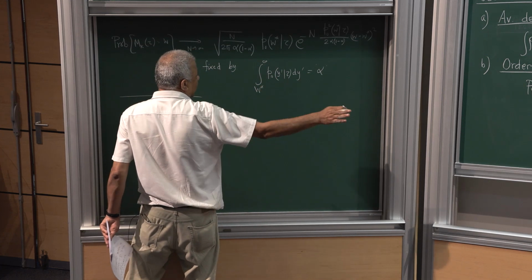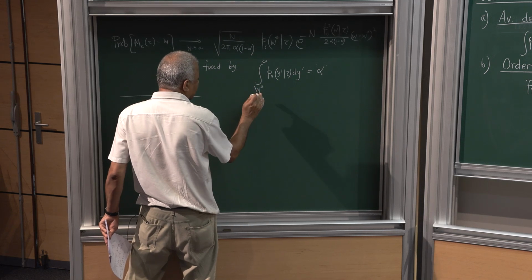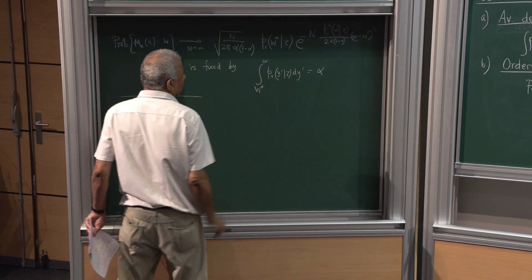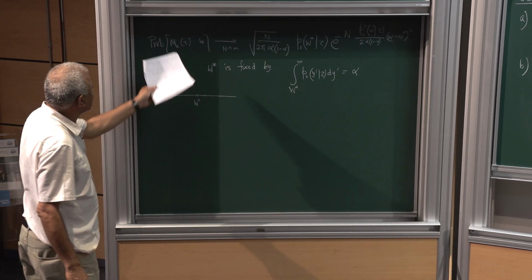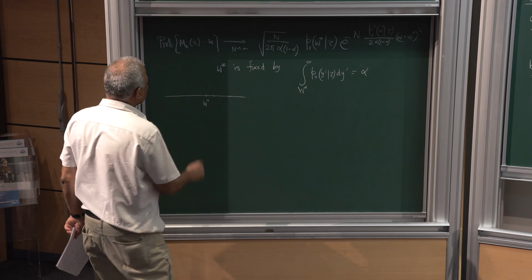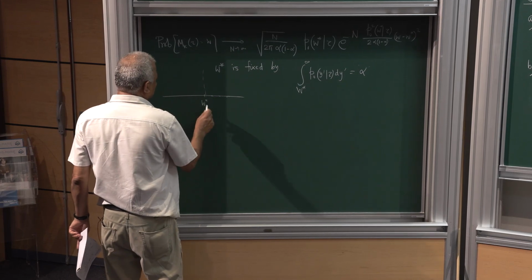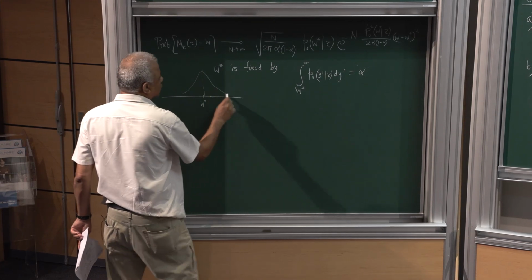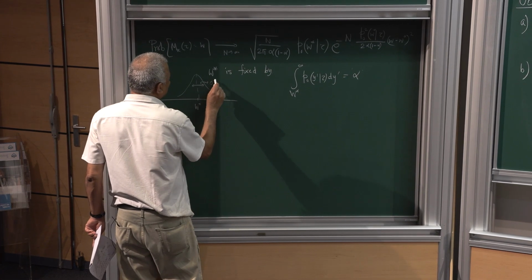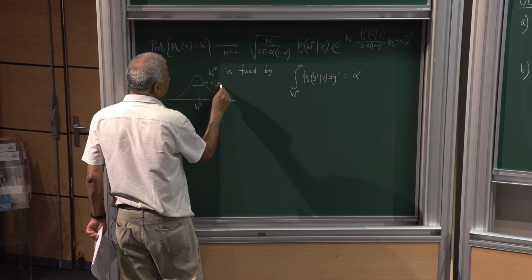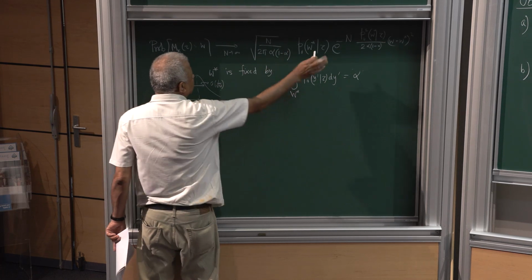And P0 is just a Gaussian. So from that you can figure out what is W star as a function of alpha, and then the distribution PDF of the kth maximum is actually a Gaussian distribution, centered around W star, with a width which is of order 1 over square root of n, and then there's some prefactor here.